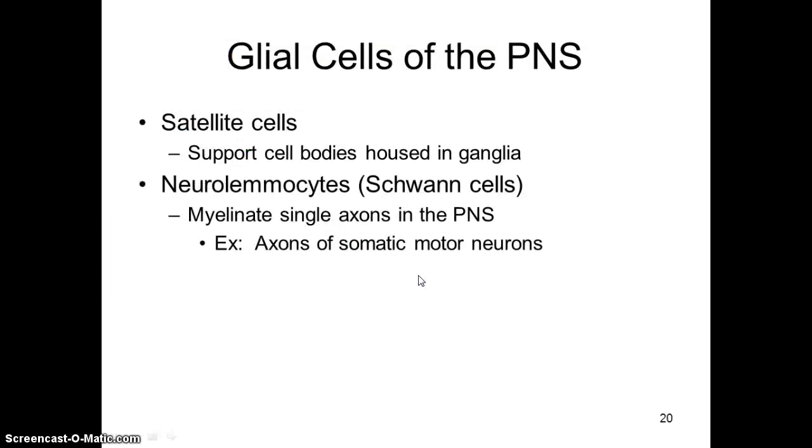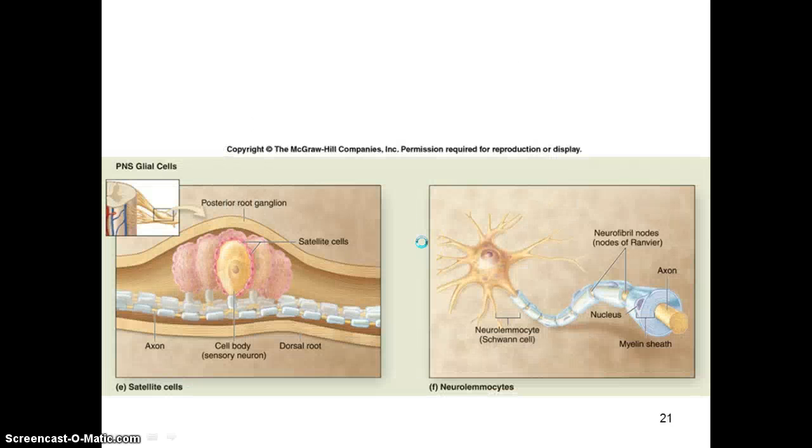All right, next we're looking at glial cells in the peripheral nervous system. So there's our neurolemmacytes, which we've talked about before, which myelinate axons in the peripheral nervous system. Another glial cell that we have not talked about are these satellite cells. So satellite cells are found supporting cell bodies in ganglia.